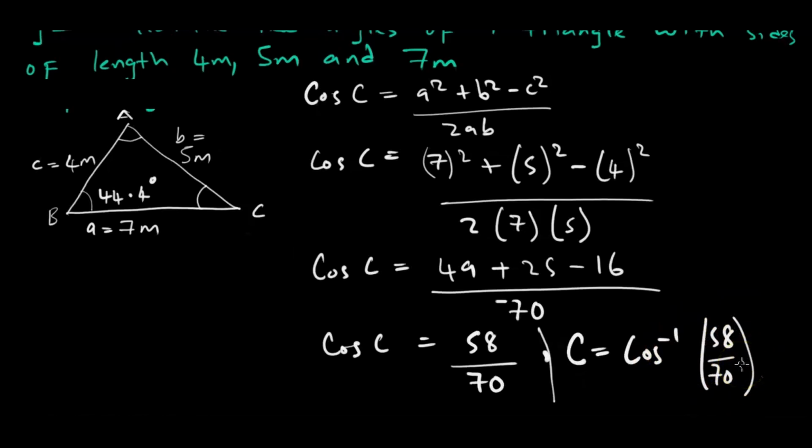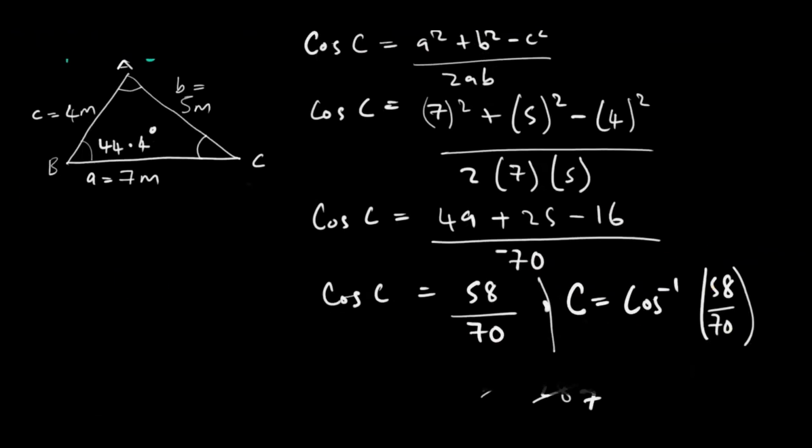There is no need to convert it here, because we will just put it into the calculator. So c is equal to, going to my calculator, I press shift cos to get arc cos, then of course 58.